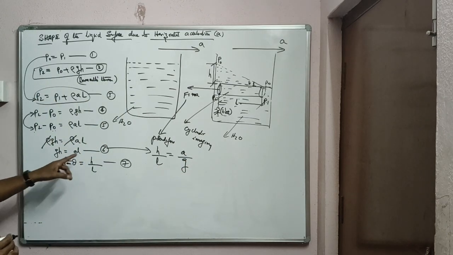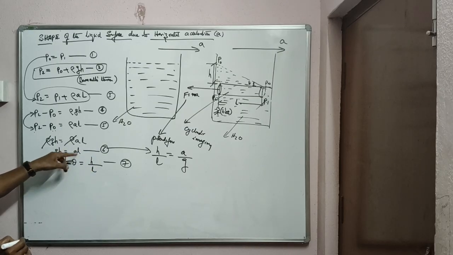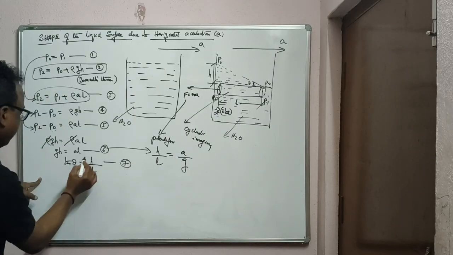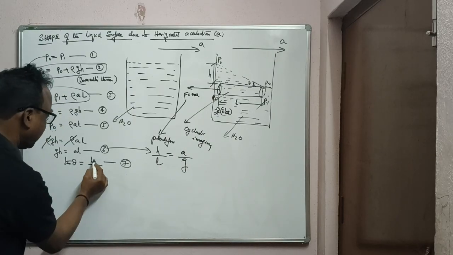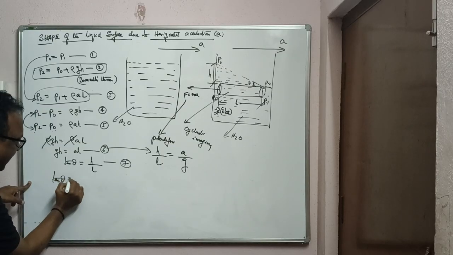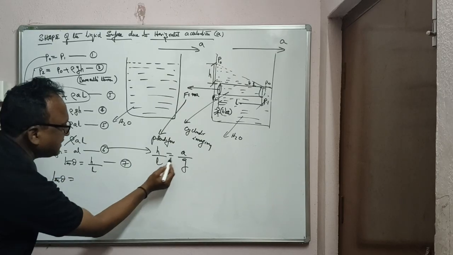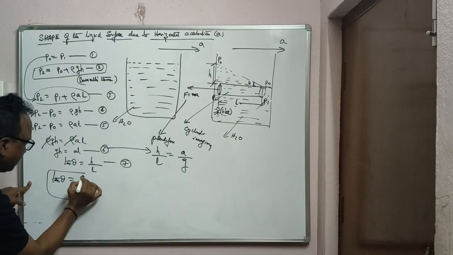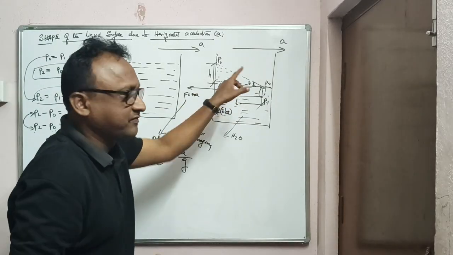From this equation, what is H by L? Check gh equals AL. So equate these two now. This is H by L, this is H by L. So what does tan theta become? Tan theta equals H by L equals A by G. That's all. So what is this tan theta of the moving cylinder?